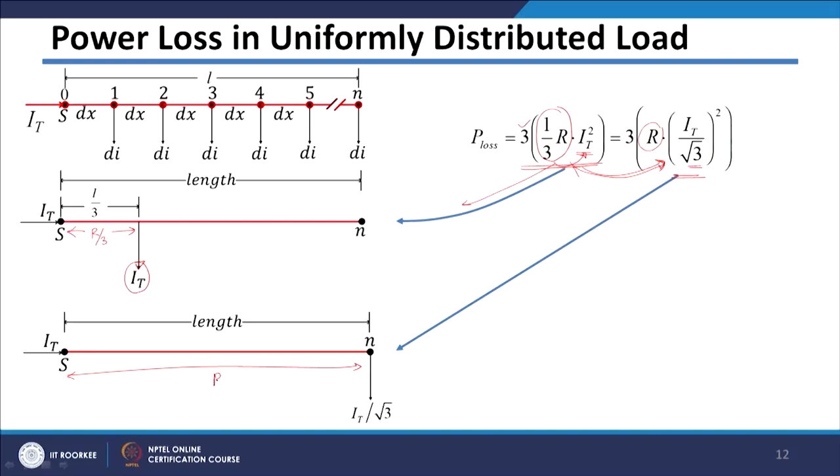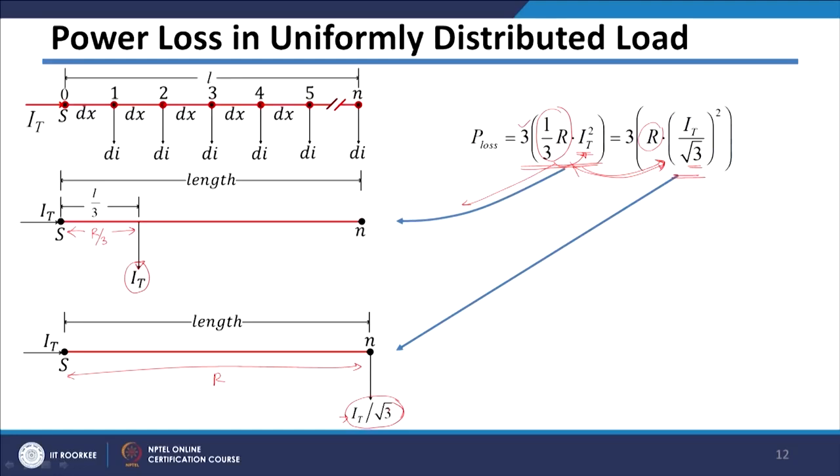So, it will be having total R resistance, and in that case current will be IT by root 3. Okay. So, when I am lumping the current at the end, it will be IT by root 3. So, total load I can use total load divided by root 3 value. Current which is taken by load will be IT by root 3.